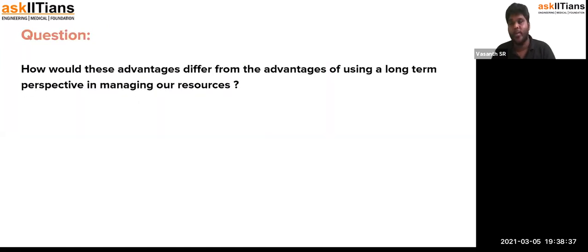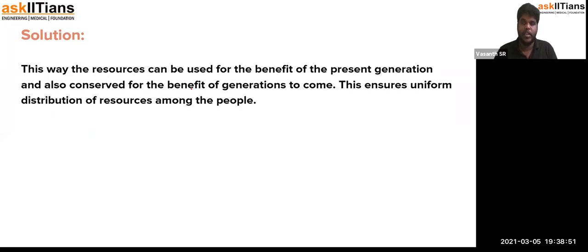So there are a few questions which we can deal with, which includes how would these advantages differ from the advantages of using a long-term perspective in managing our resources. When we have a very good way of managing resources, we need to think that we are not the only generation which is going to survive. We are just the present generation, so we should not be exploiting everything.